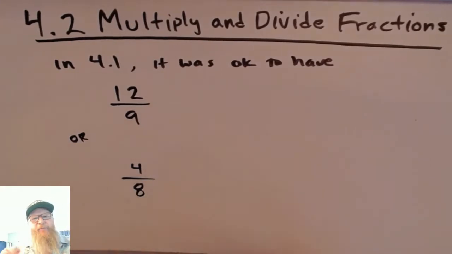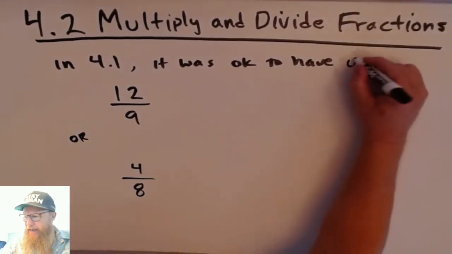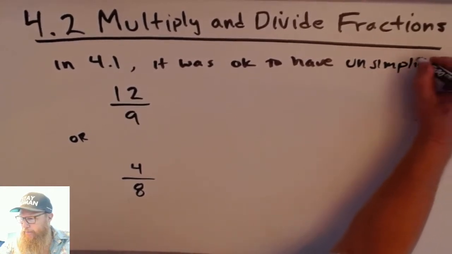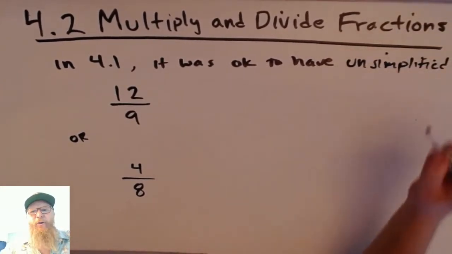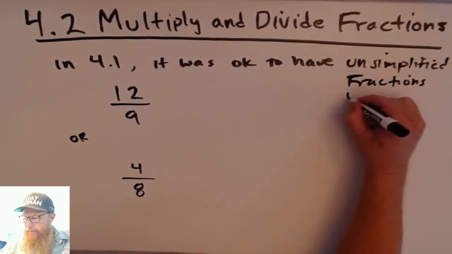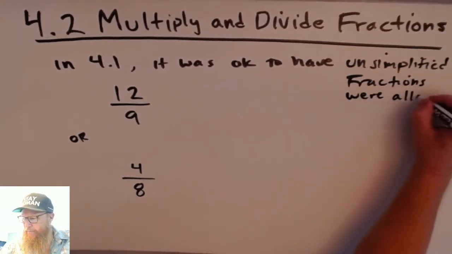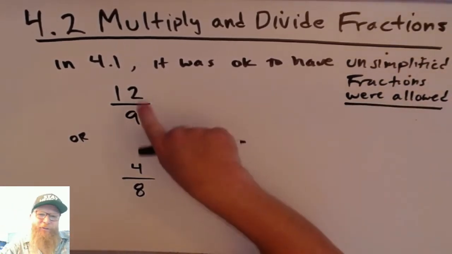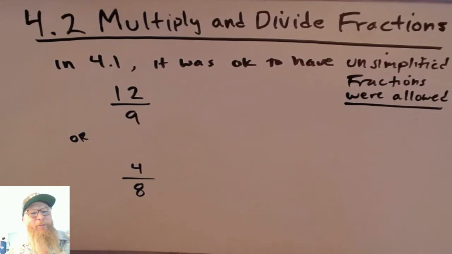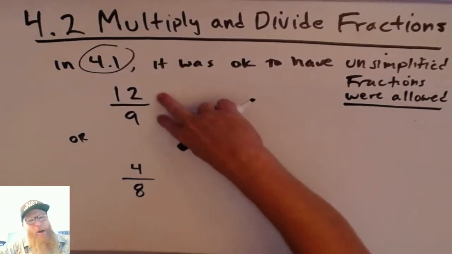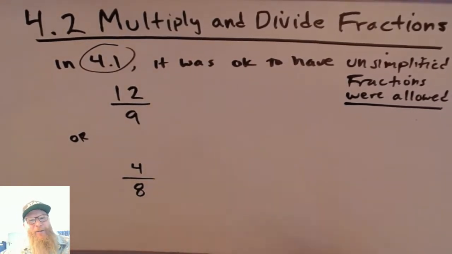These types of unsimplified fractions were okay. Not only were they allowed, but they were actually encouraged in some of the problems in 4.1, where I would give you a problem and I'd actually want the answer written this way or written this way.